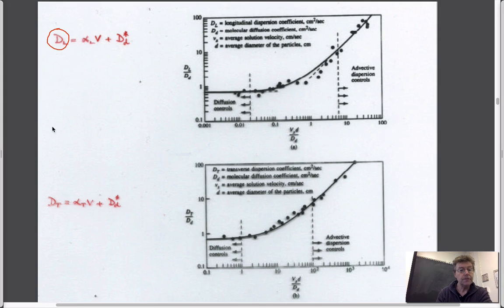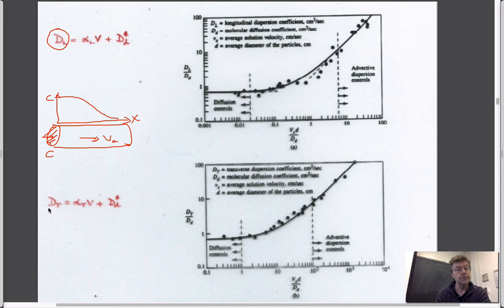What happens if we do an experiment whereby we take a bead pack, we put flow through here at some advective velocity, we put some concentration upstream, and we look at what the profile of concentration looks like along the length of it, which isn't very easy to do.